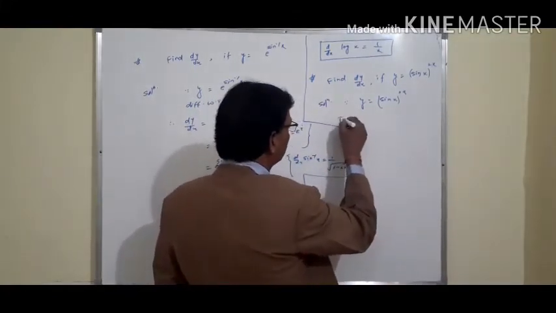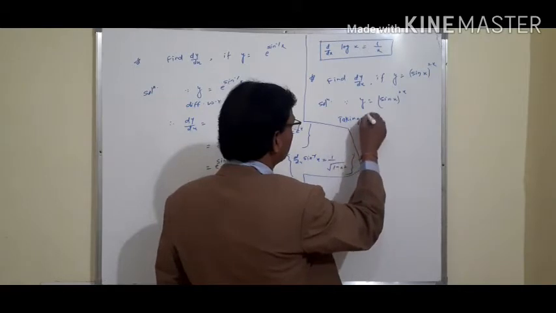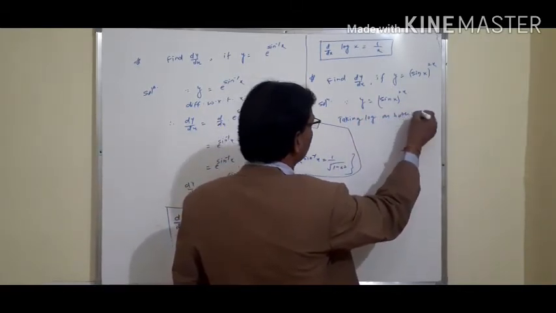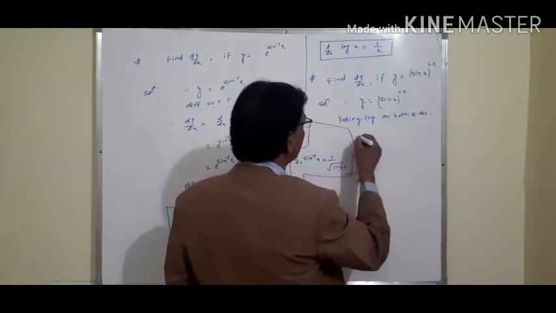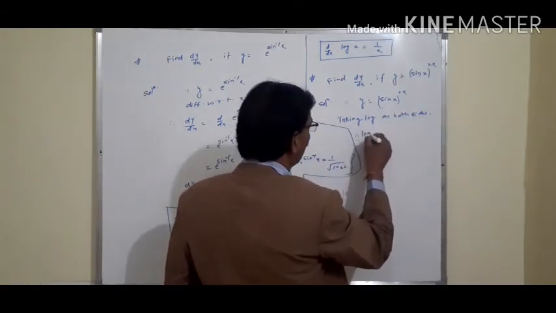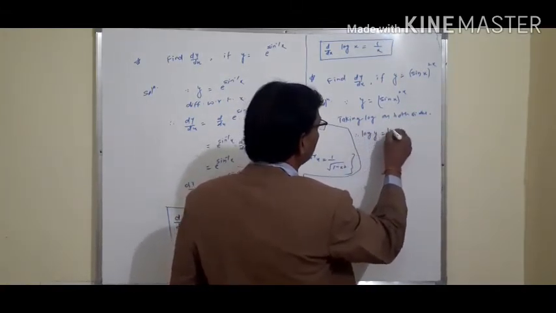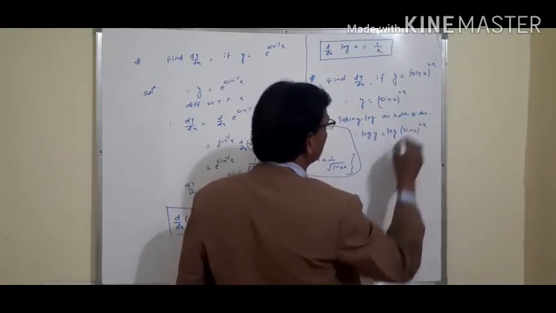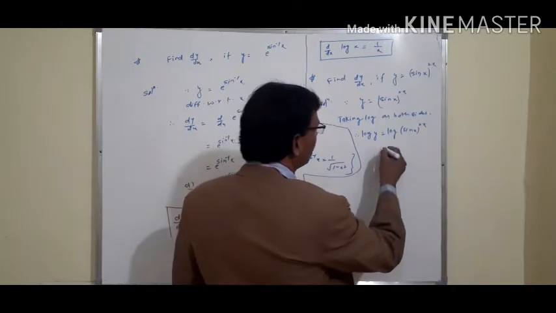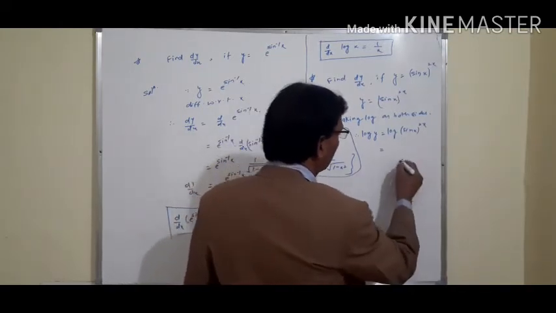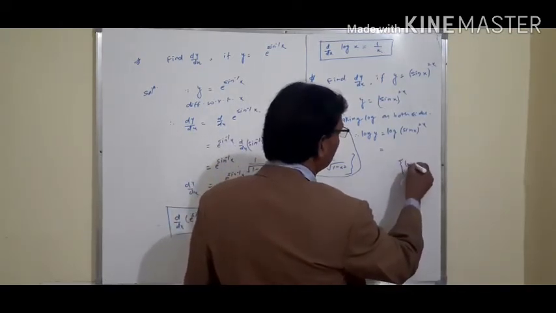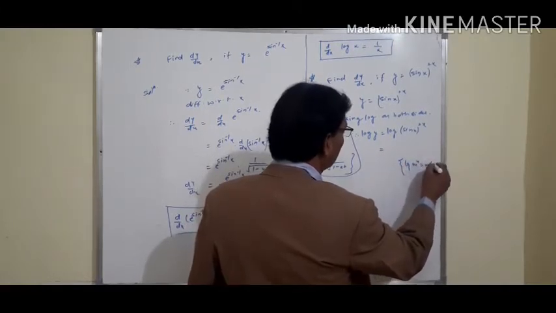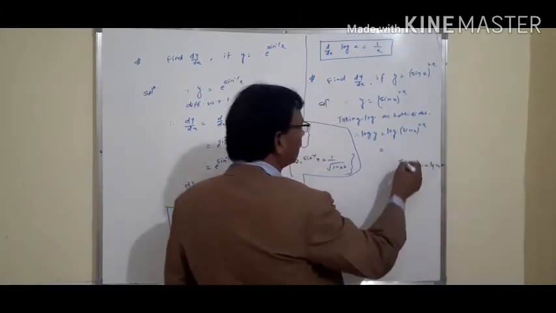taking log on both sides, therefore log of y equal to log of sine of x whole to the power 2x. As you know that log m to the power n equal to n into log m.